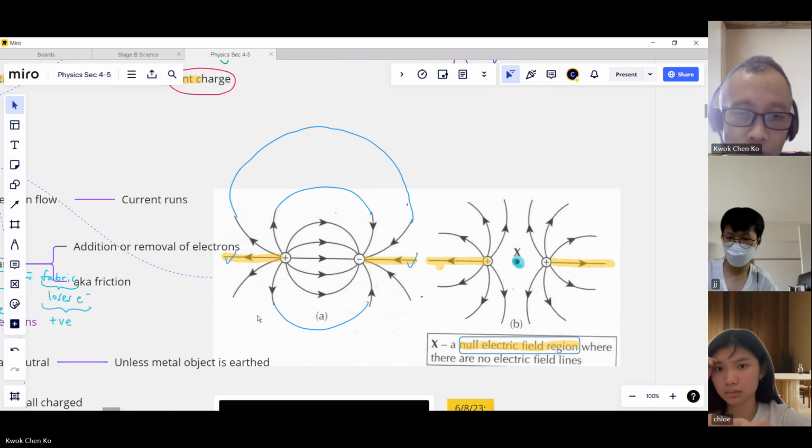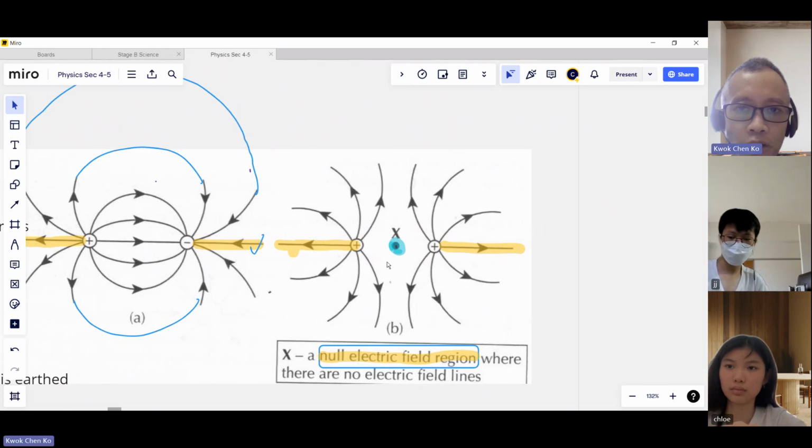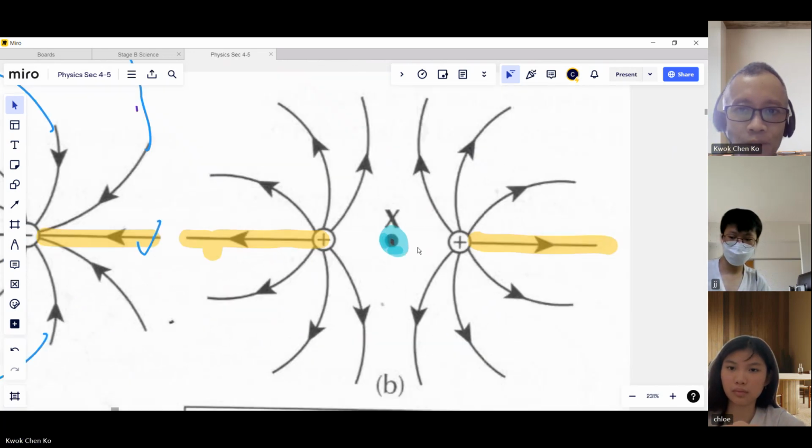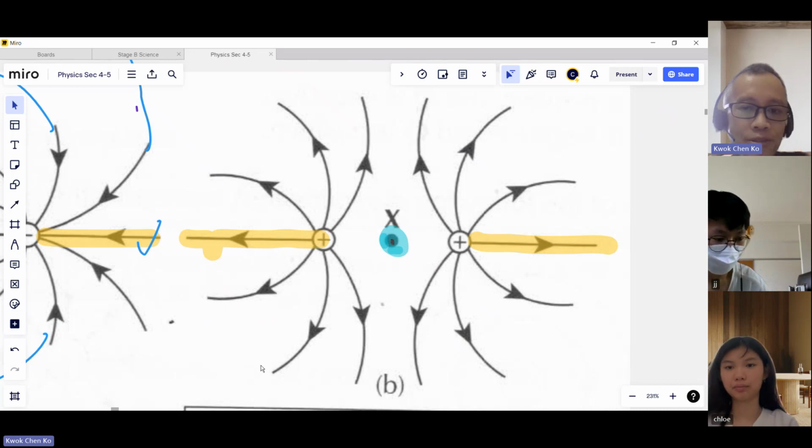The long story short, direction is always from positive to negative. Look at the arrow. Positive to negative, positive to negative. Now, of course, in this case, you don't see any negative, but the same principle applies. Direction is still away from the positive.